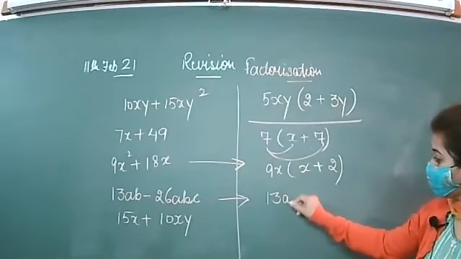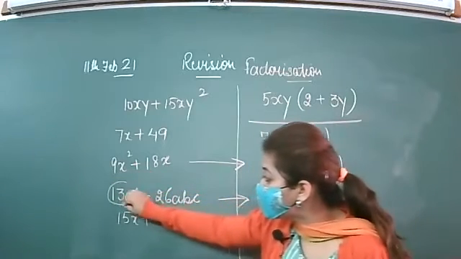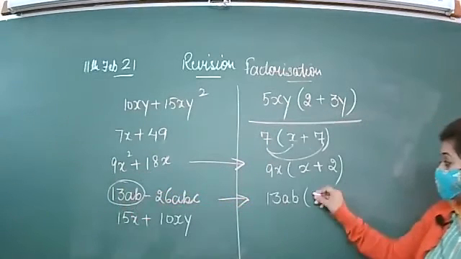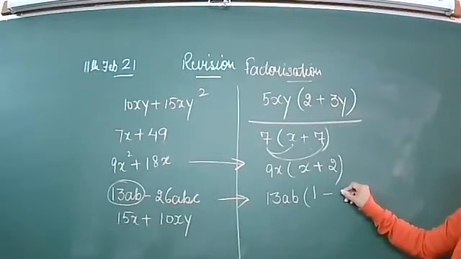13. Yes. No. When you have taken this complete term out, what should be left? 1. 13ab into 1 will give you 13ab. So minus 2c. Exactly.